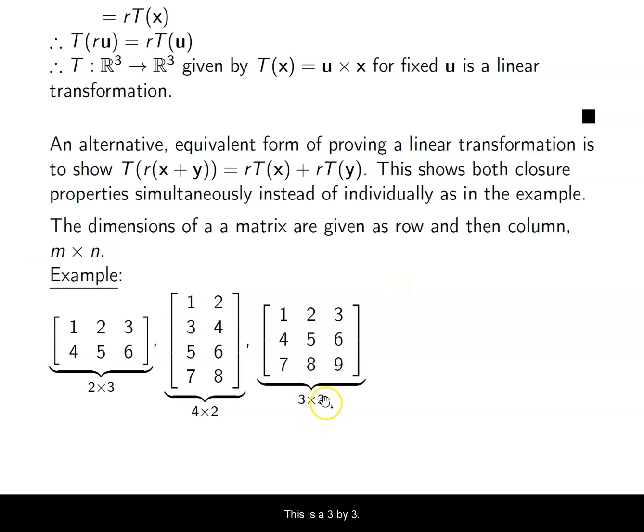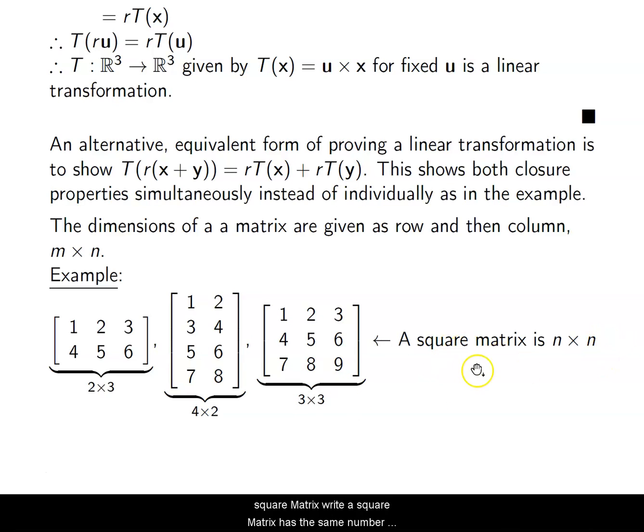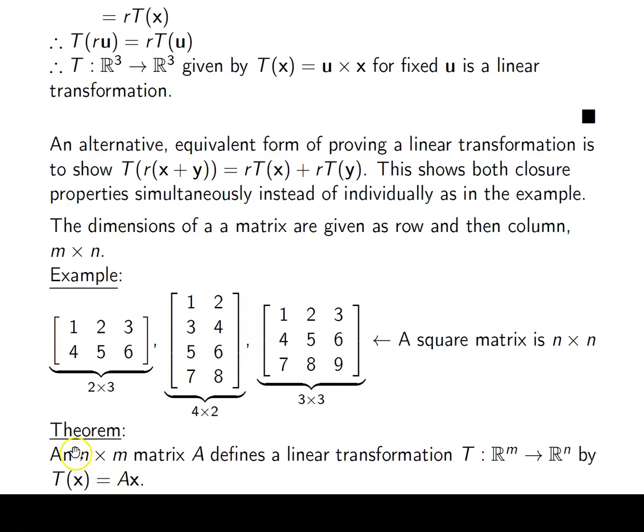This is a 3 by 3, 3 rows, 3 columns. We call this an n by n matrix or a square matrix. A square matrix has the same number of rows as it does columns. Quick proof. An n by m matrix: if you notice, I reversed the order here because it does not matter.